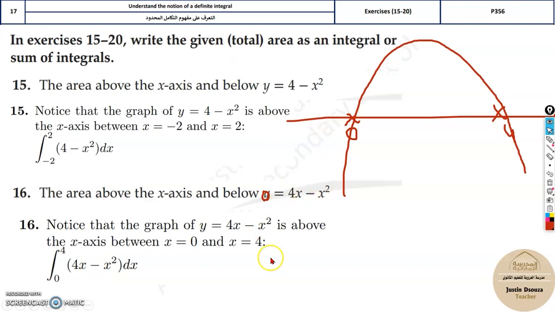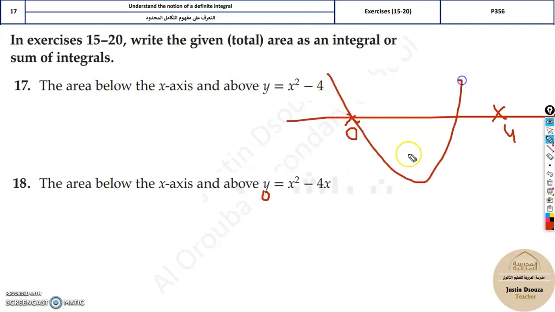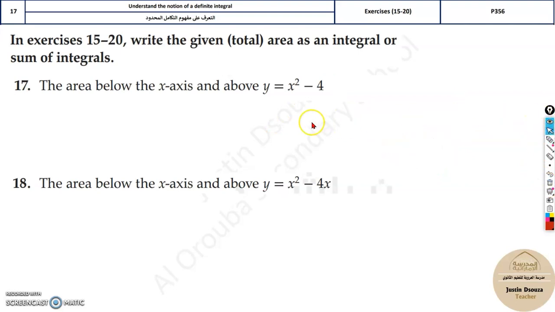That's it. These problems are easy, but now what if the area is below? See, now it changes. They're asking like this: it's below over here, and we need to find this area for these equations. The starting concept is the same.